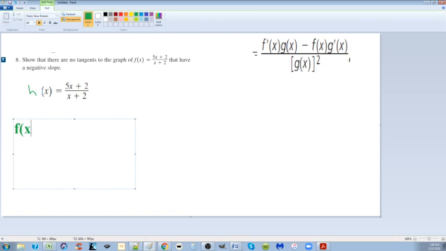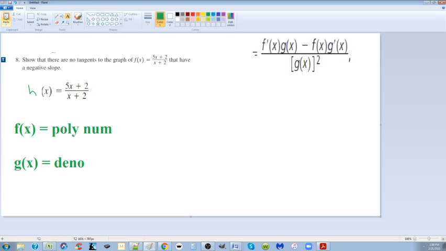I assign f of x to be the top numerator function, the polynomial at the numerator, and I make g of x equal the denominator. Which means I simply take this and put it there and assign it f of x, and then I take this and I put it there and I assign it as g of x, and I get rid of all the other junk.